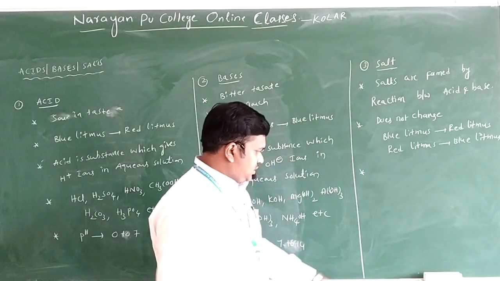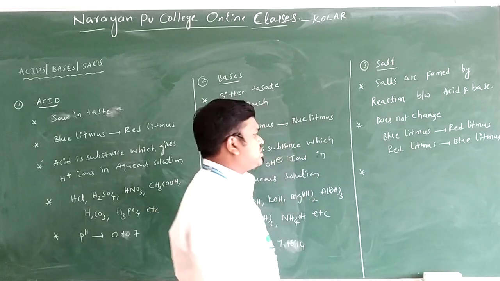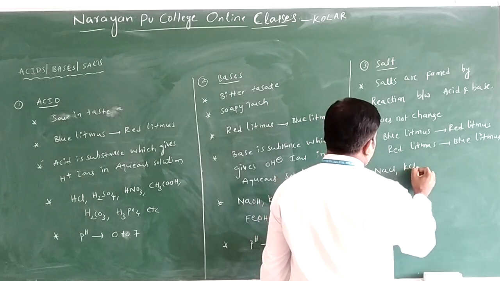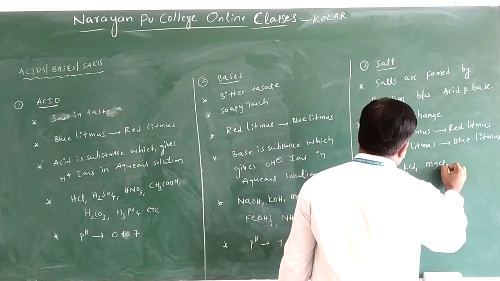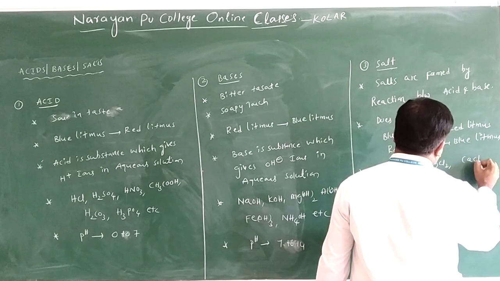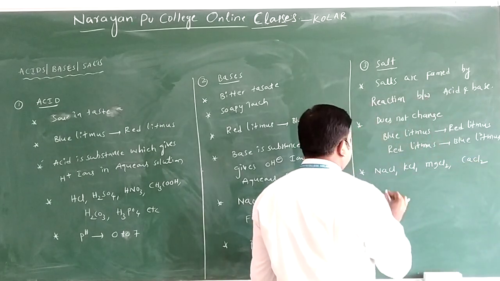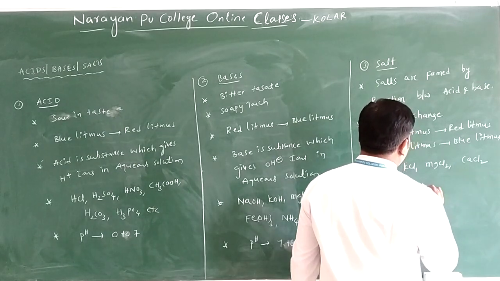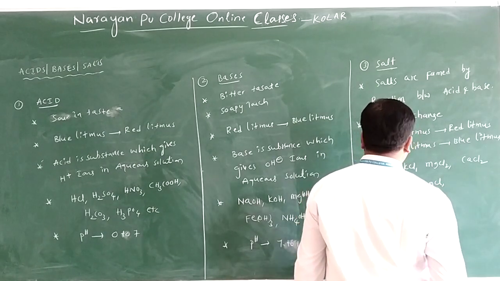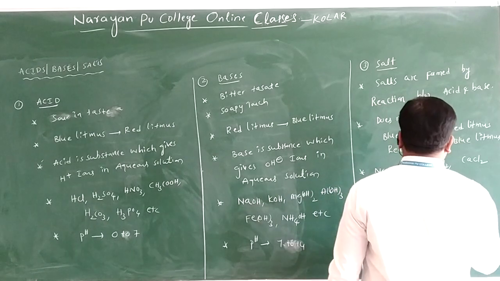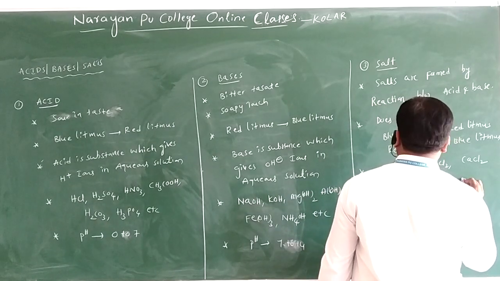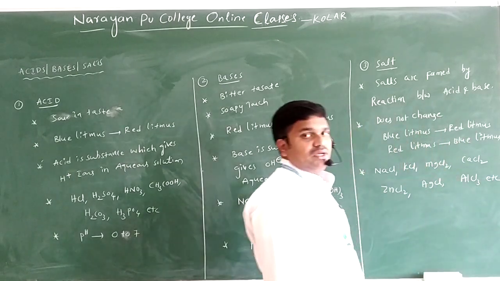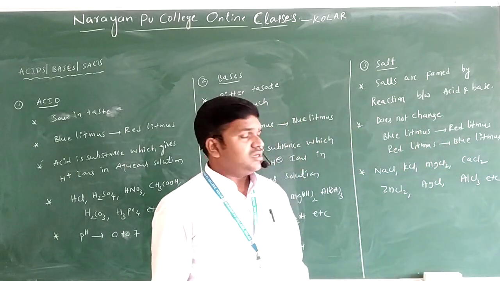Okay, so generally what are the examples for the salts? We have different salts: NaCl, KCl, MgCl2, CaCl2, ZnCl2, AgCl, and AlCl3, etc. All these are examples of salts only.